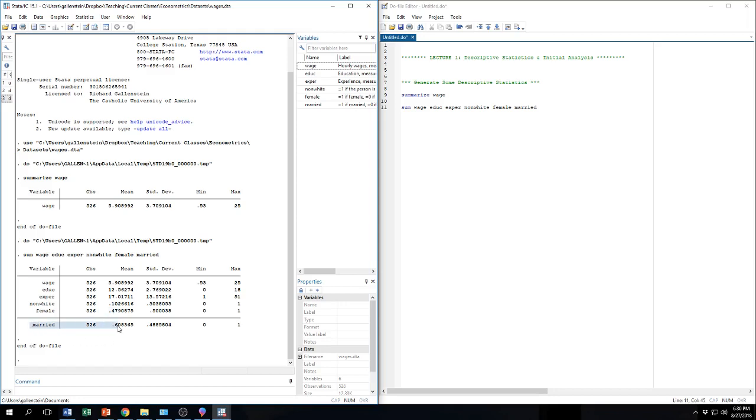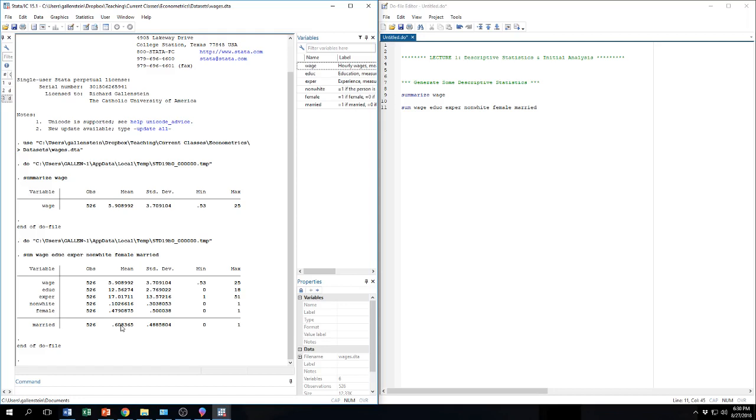Okay, we can do the same thing with married. We have an average of 0.6. That means that 60% of our population is married. Now, I said before that we might be interested in doing an analysis and thinking, well, how are wages related to being married?